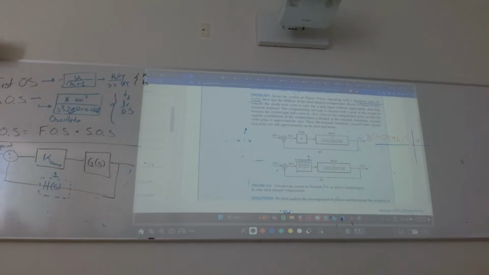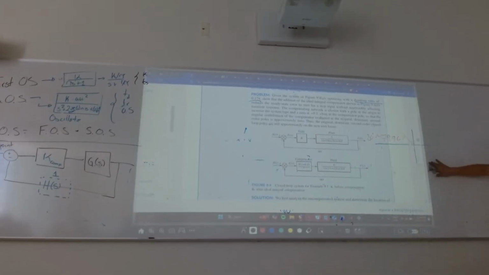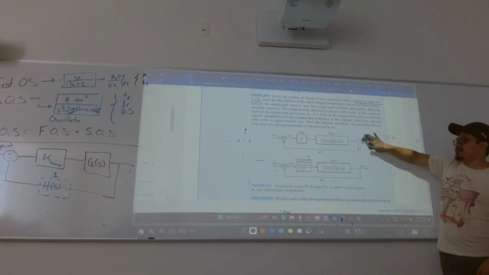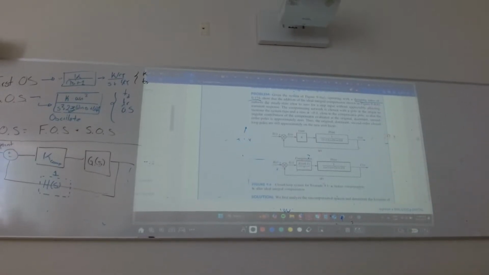What I want you to know is that this idea from the root locus is not 100% certain on the actual value. We are limited by what we can see, or the resolution of the plot. There is a way I can understand what is going on.